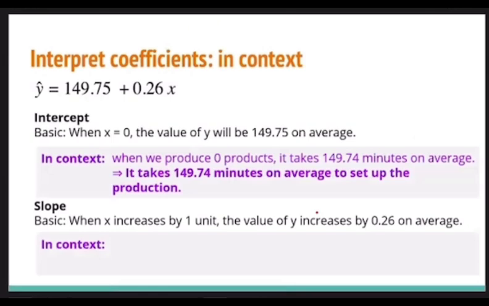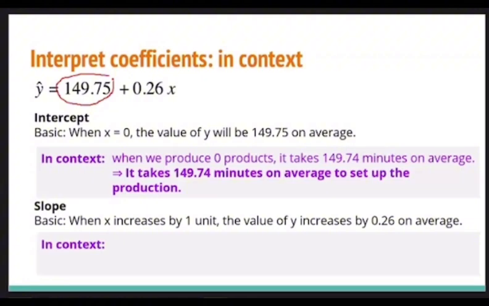Now, I want to interpret this guy now. If I want to go by basic, when s equal to 0, that guy is the values of y on average. But if I want to go by context, I will have to mention what y represents in the context and what s represents.